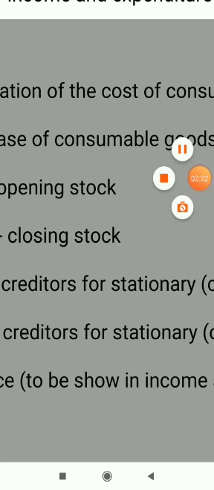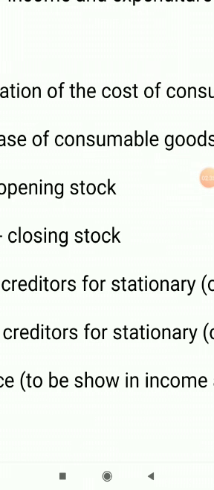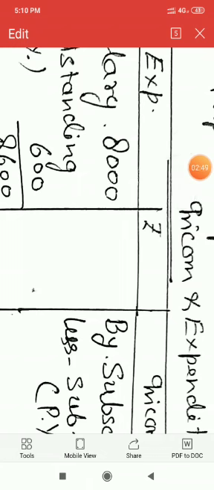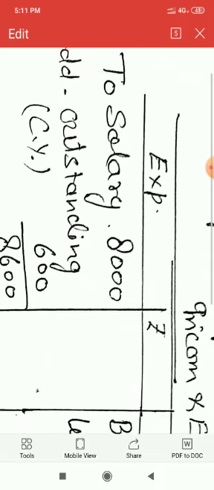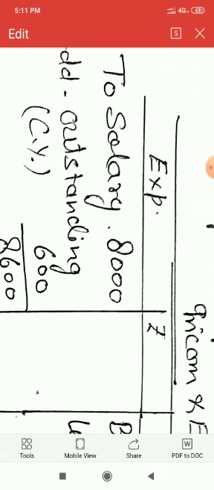Now we are going to see how to present outstanding, prepaid adjustment and consumable goods in the income and expenditure account. Now see the income and expenditure account. In this account, first we put the expense, like salary 8,000.